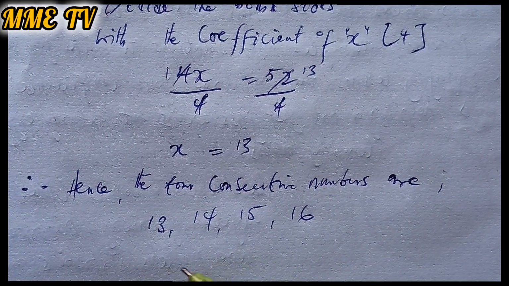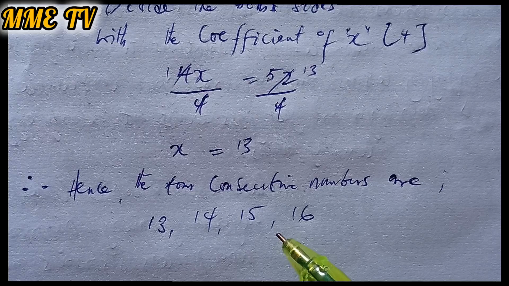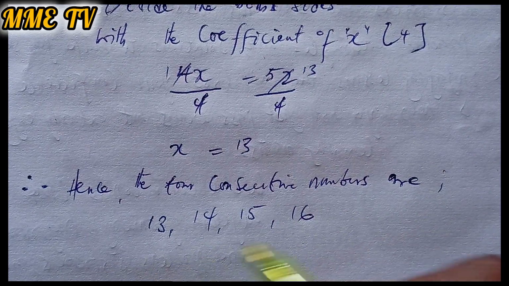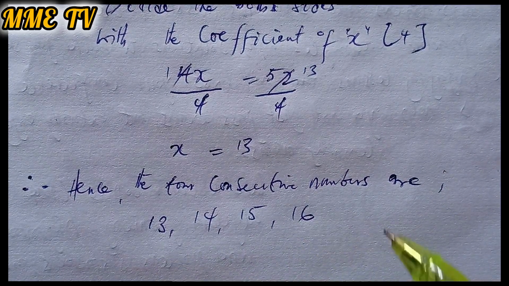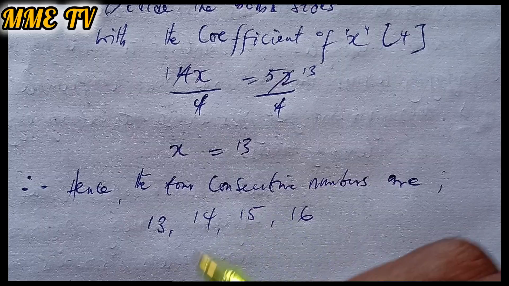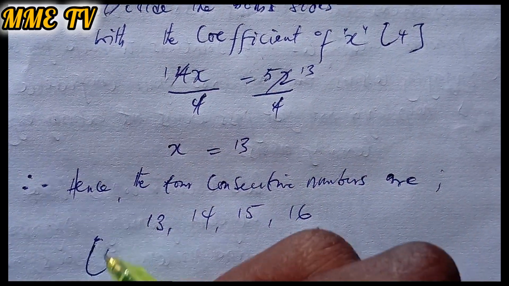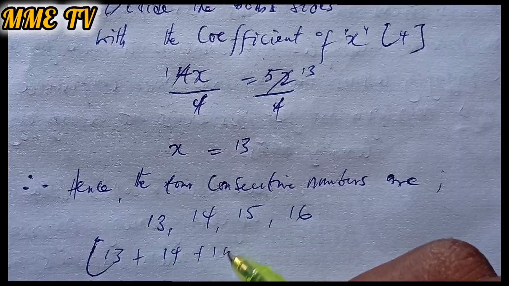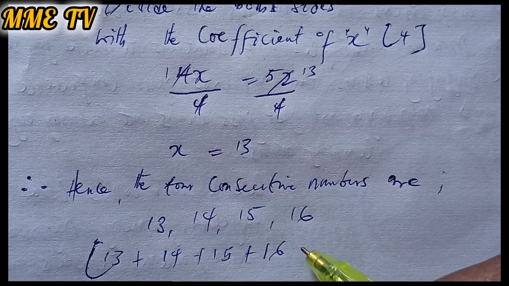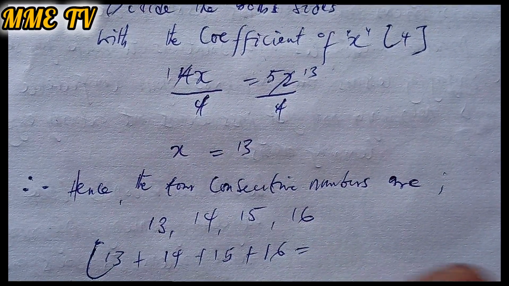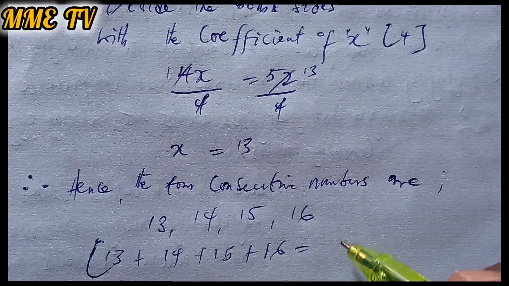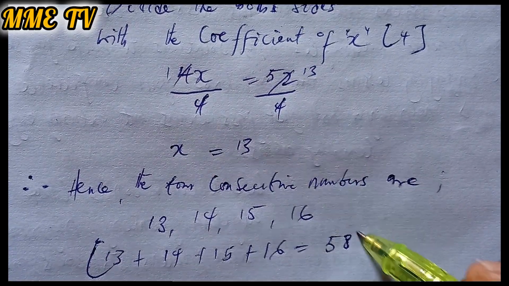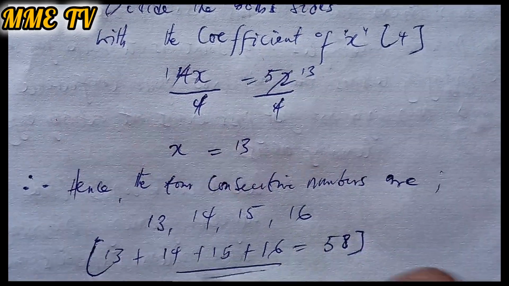Remember that what we are looking for is the sum of the 4 consecutive numbers, meaning that if I'm to add all of them together, I will have 58. So if I say 13 plus 14 plus 15 plus 16, when you sum this up, what you'll be having is 58. And that is what we're looking for.